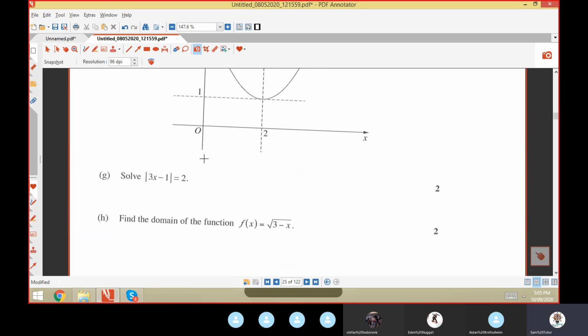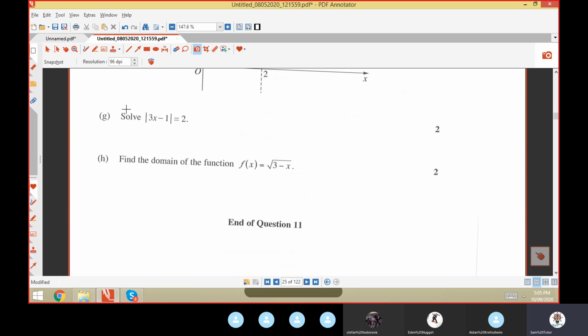Next. Those two, G and H. Anyone say the answer straight away to H? Find the domain for square root of 3 minus x. What must the domain be? 3 minus x is less than, or what? Is it less than positive 3?